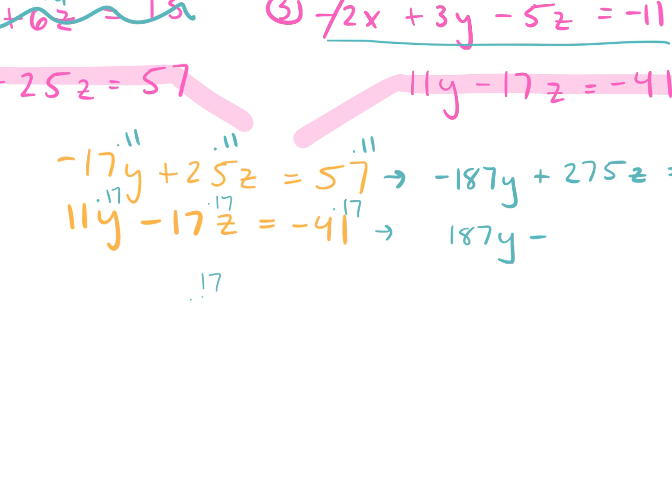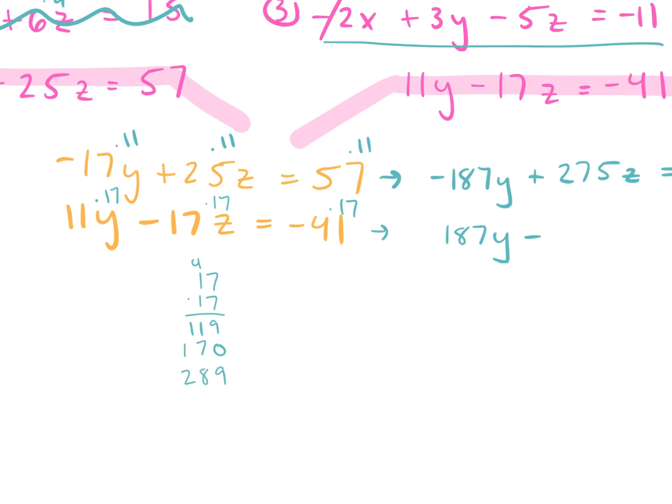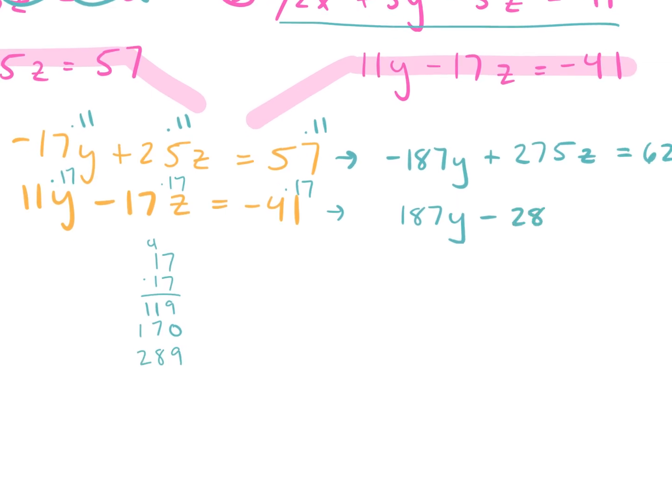Let's write it out. 7 times 7 is 49. 7 times 1, this would be 11. 289. z is equal to 41 times 17.